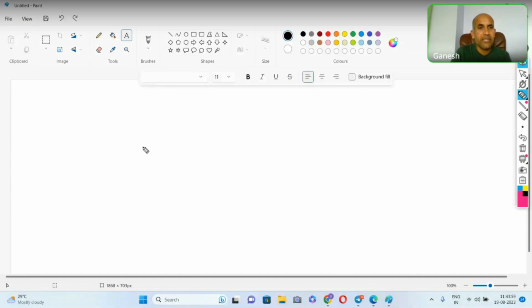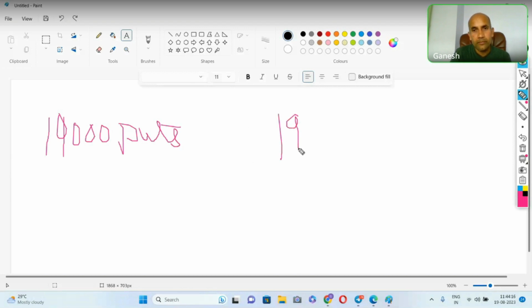Let's say, I'll make it simple, 19,000 is the highest open interest on the put side, right? And 19,400 call is the highest open interest.